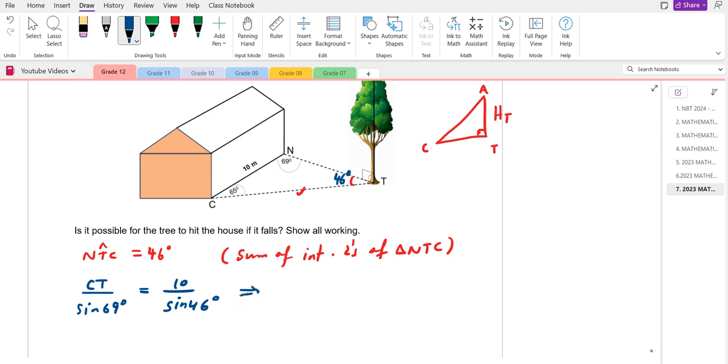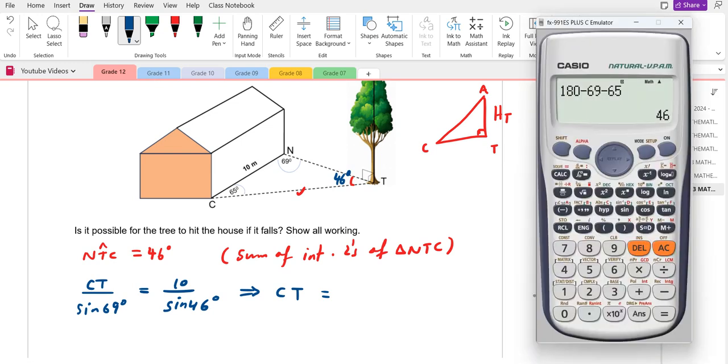So this implies CT is now equal to sine 69 times 10 over sine 46.